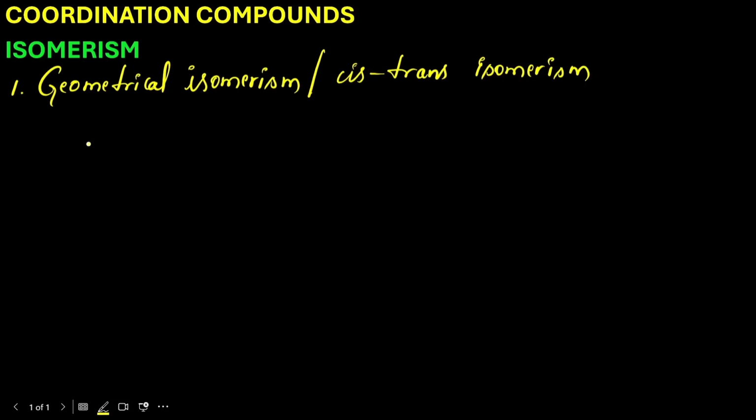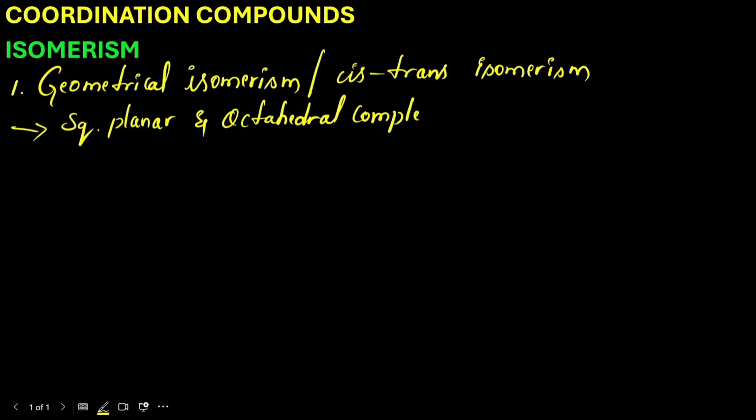Here you have to remember three important points. One, square planar and octahedral complexes contain at least two similar ligands.